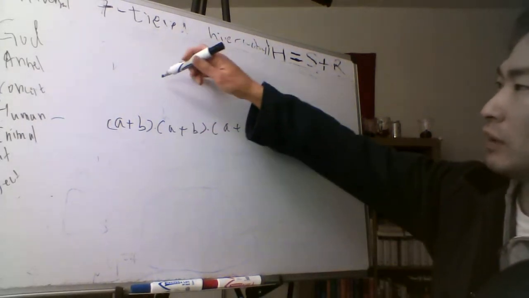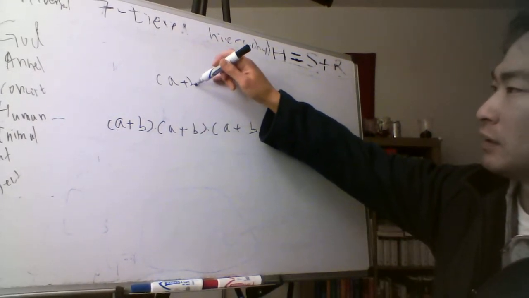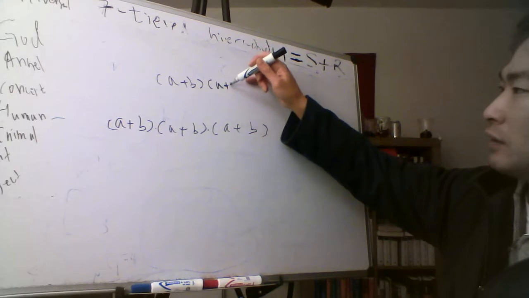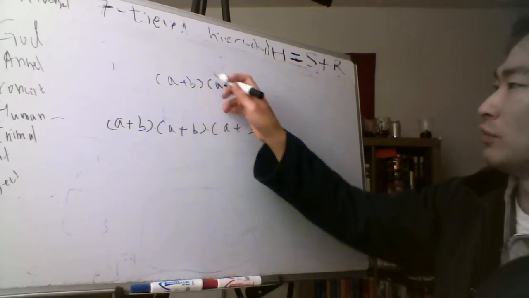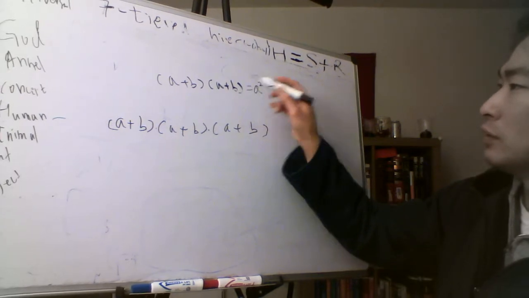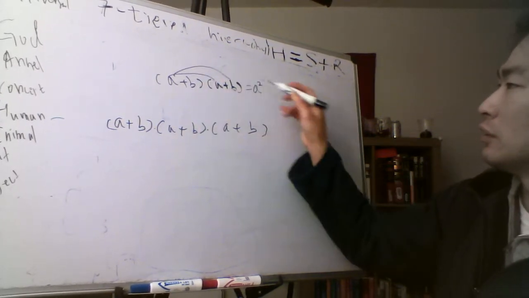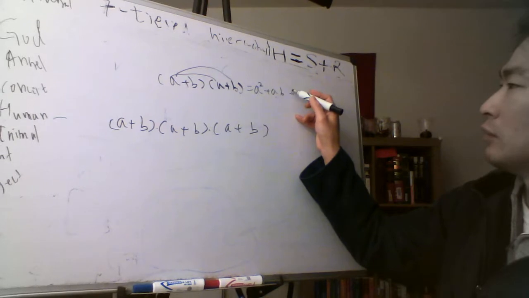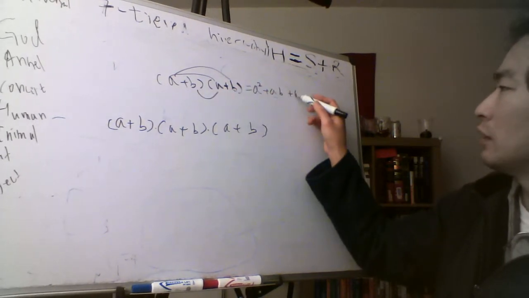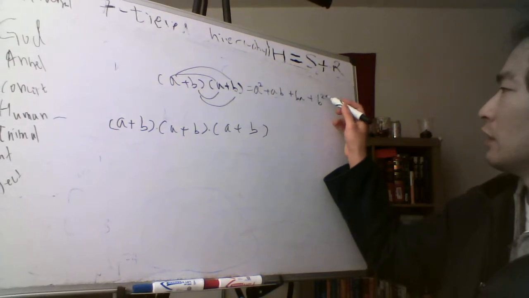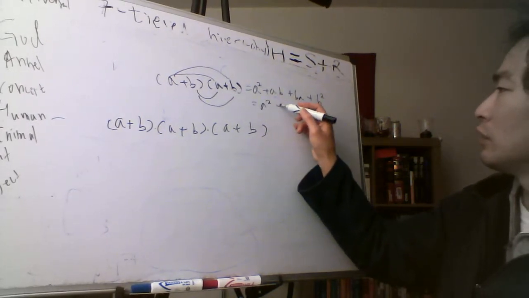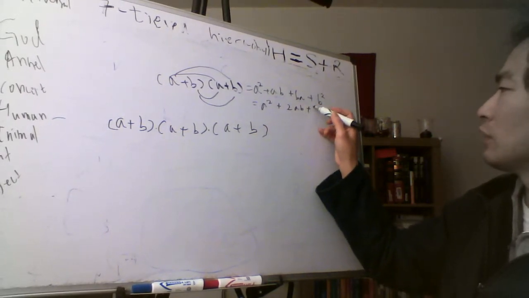Okay, let's take a step back. a plus b times a plus b is equal to, using the distributive law, a squared plus ab plus ba plus b squared, right? That is equal to a squared plus 2ab plus b squared.